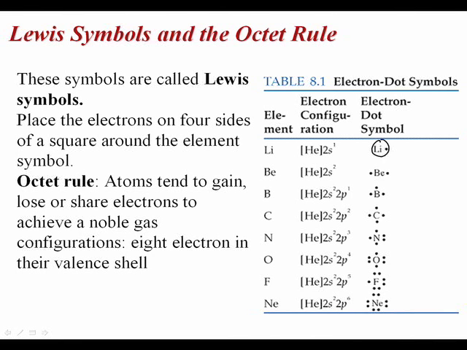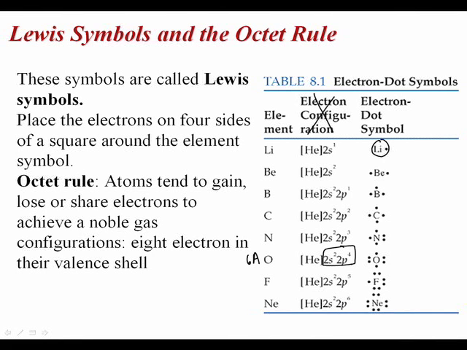This is from a different textbook. Elements in the same group have the same number and arrangement of valence electrons. We've talked about this before. For example, if we look at oxygen, it is in group 6A. Those are its valence electrons, and we're not really going to worry about the electron configuration.